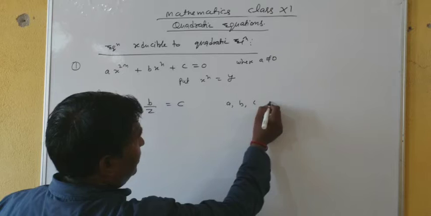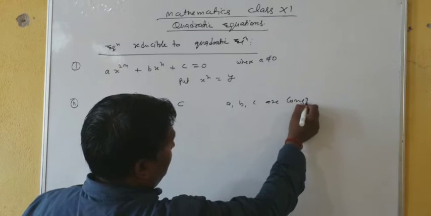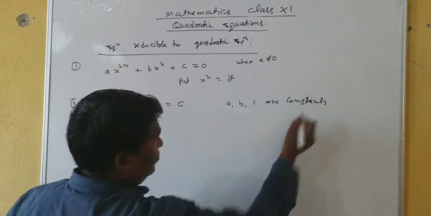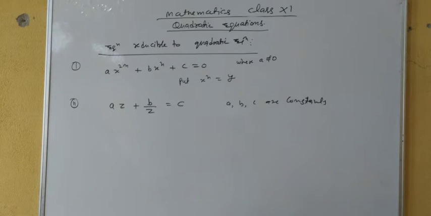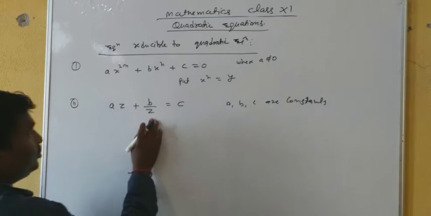A, b, c are what? Constants. These all are constants. So how will you solve it?